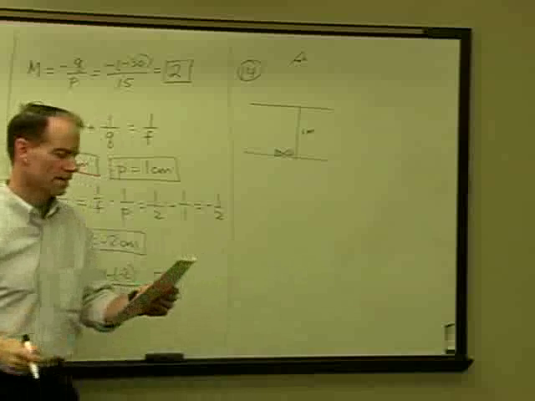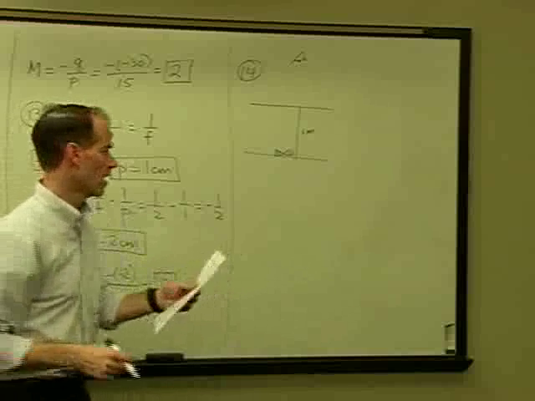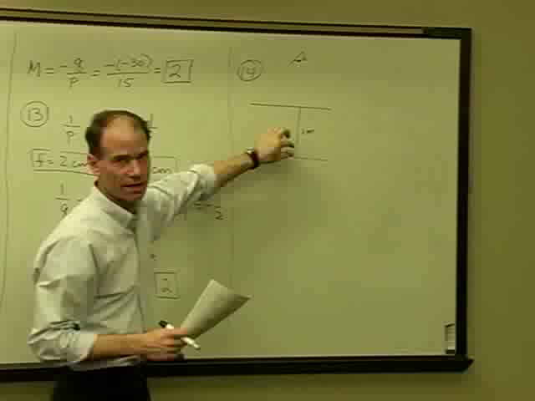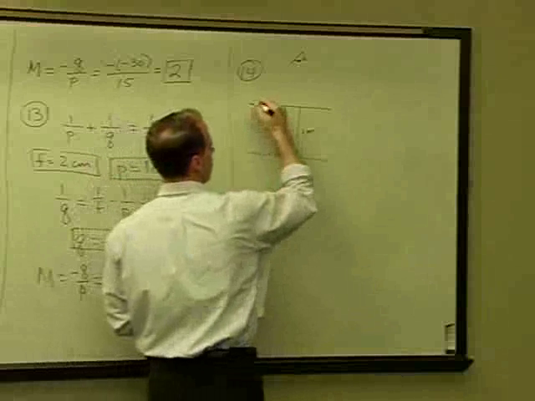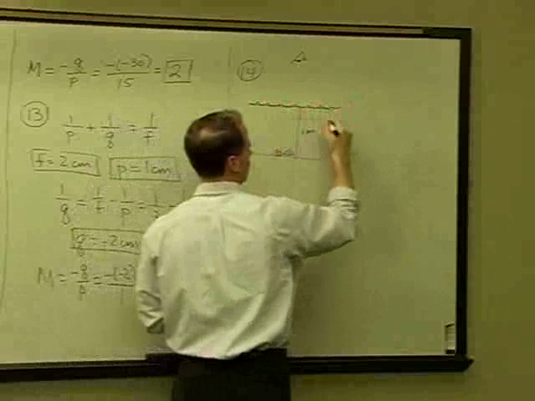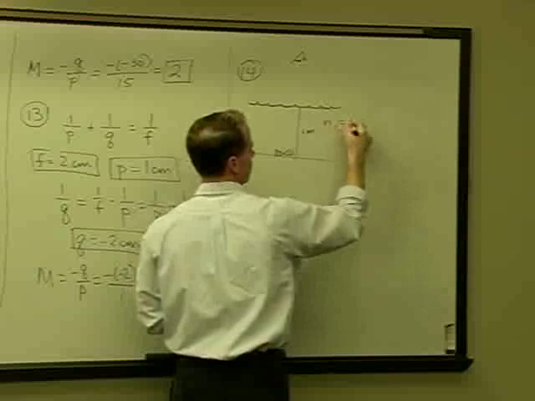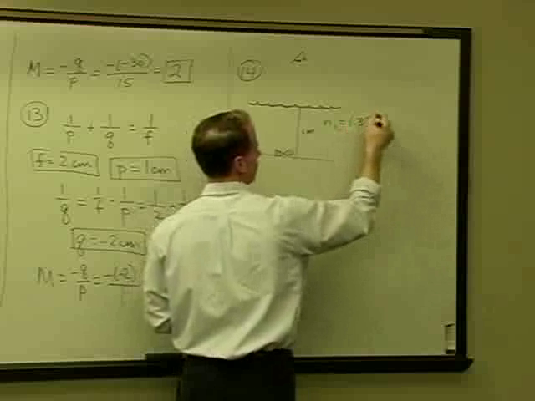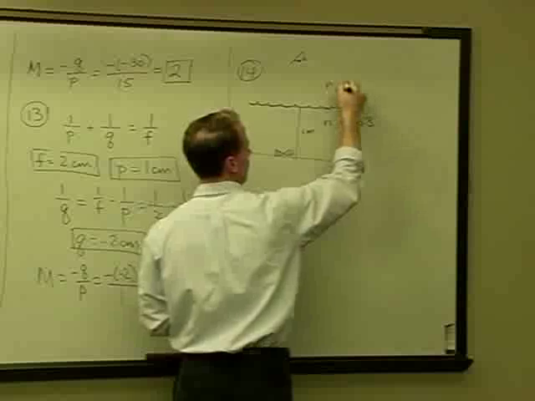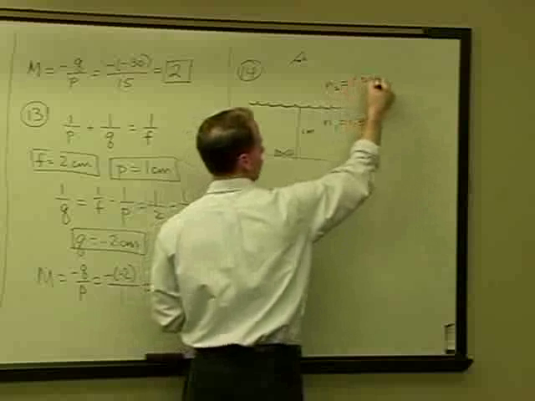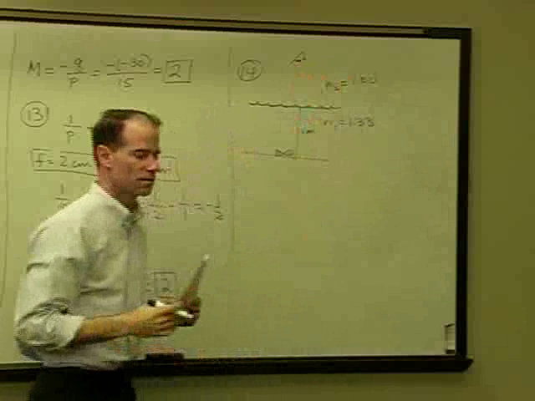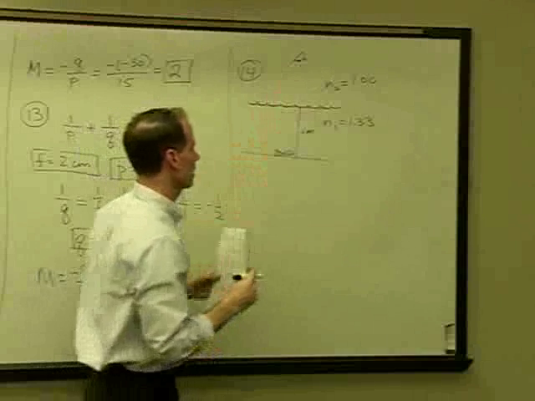The rays originate within the water itself. Here's our index of refraction for where the object is, water, and here's our index of refraction for where the image is going to be. So the rays are going to go up like this.